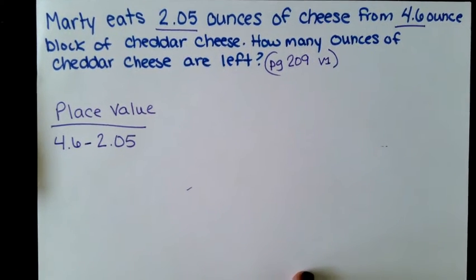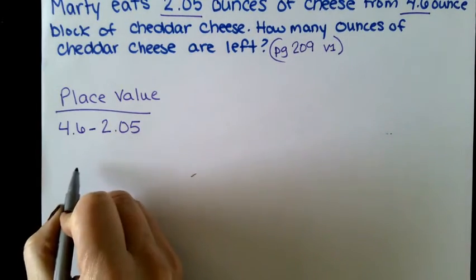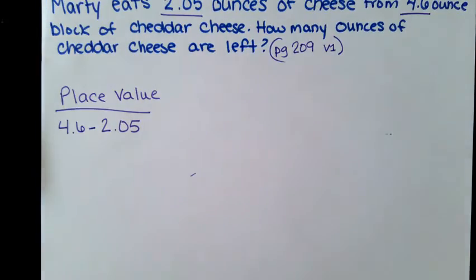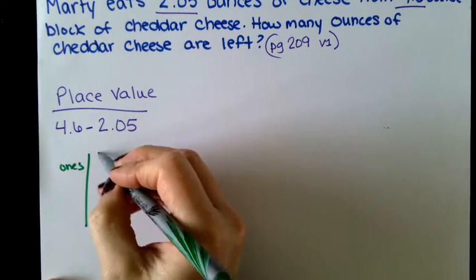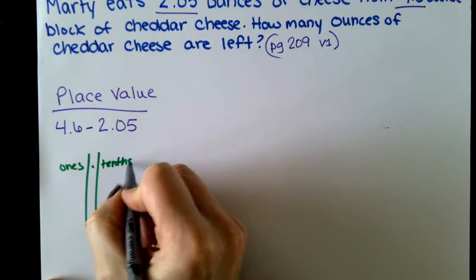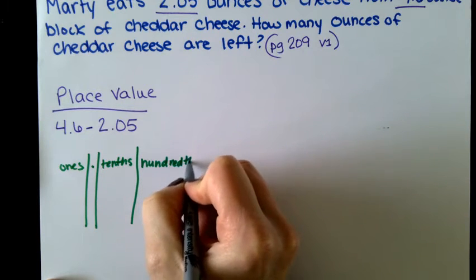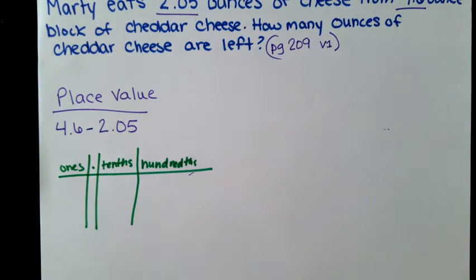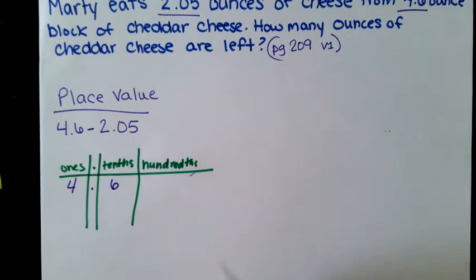So what I'm going to do is line them up by place value, just like if we were to add them. So I have my ones place value. You have your decimal, you have your tenths, and you have your hundredths. So understanding place value with your decimals is very important. So I see that my 4 goes here, my decimal, and my 6.